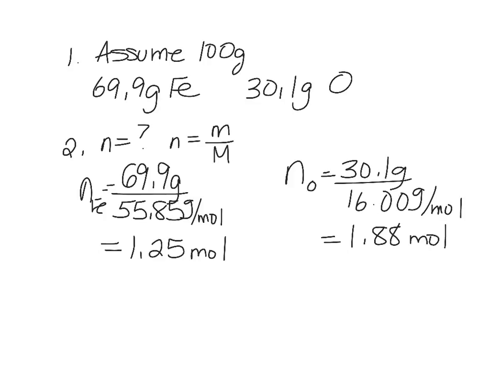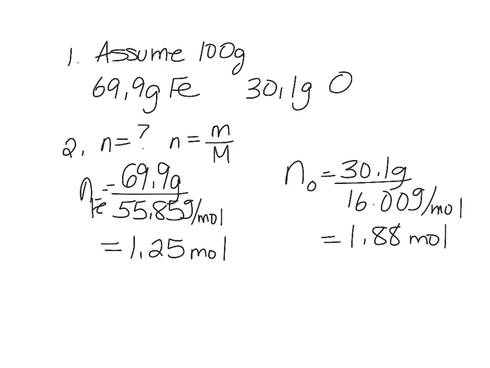Which one of those numbers is the smallest? Iron. The symbols for the element, Fe, and then the O. Okay. So what we have to do now is figure out the ratio.